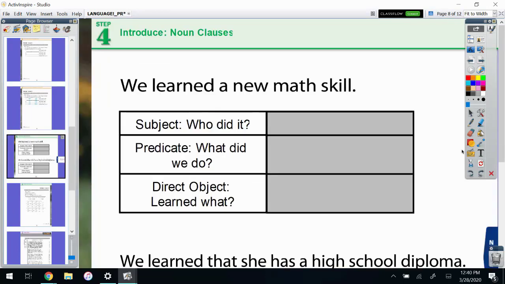Moving on to step 4, we're going to talk about noun clauses. Our goal is to identify noun clauses and the words that introduce them. A noun clause is a type of dependent clause that acts as a single noun. It has the same function in a sentence as a single noun. When a noun clause functions as an appositive, it is often separated from the noun it is renaming by commas.